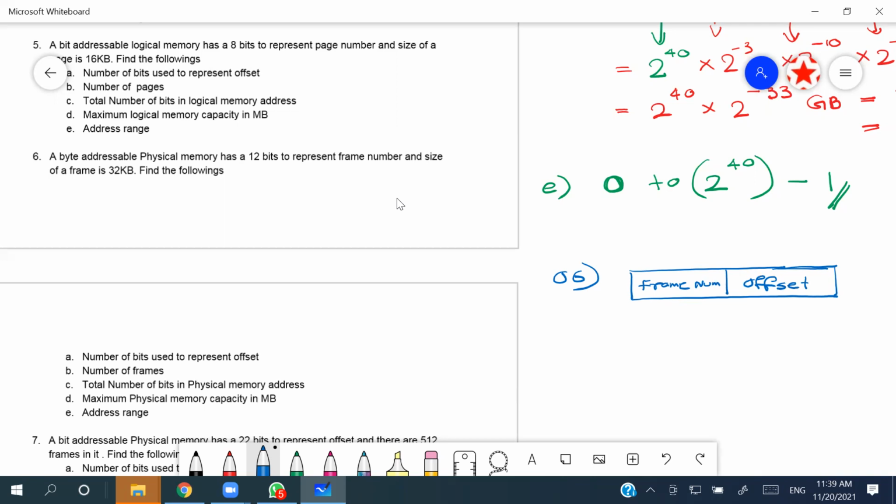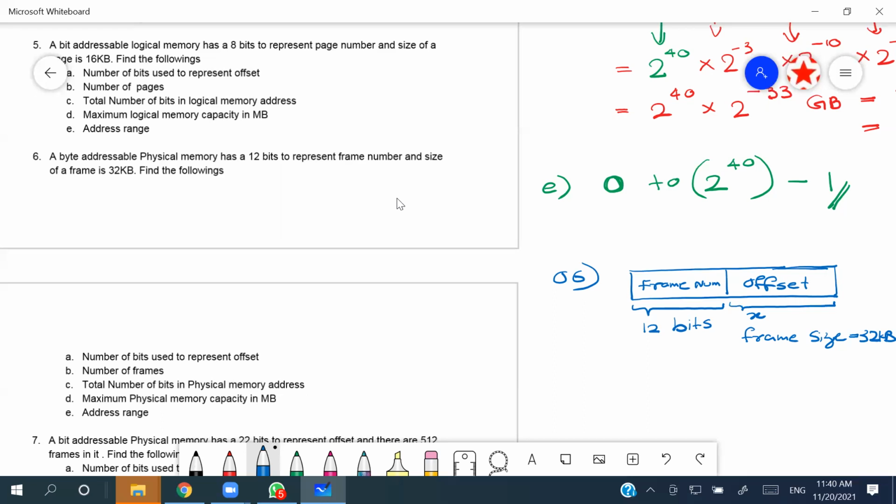For the frame number, they say you got 12 bits, and the size of a frame is 32 kilobytes. Those are the details that we got. We don't know how big the offset is. I'll take it as X.